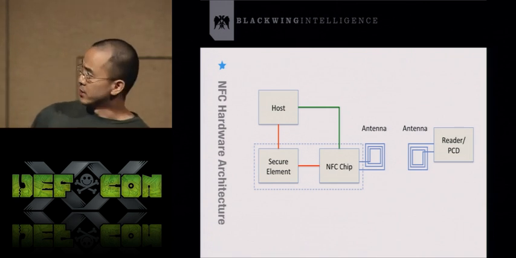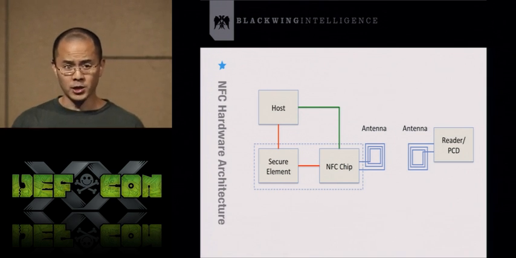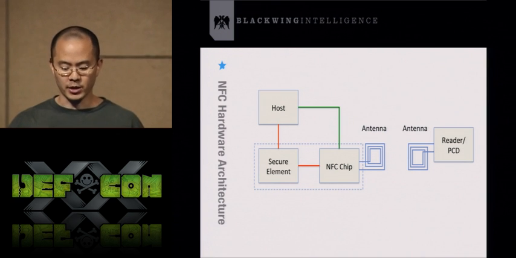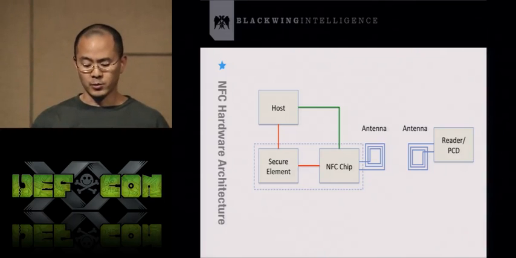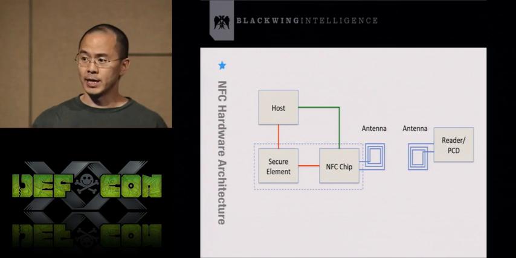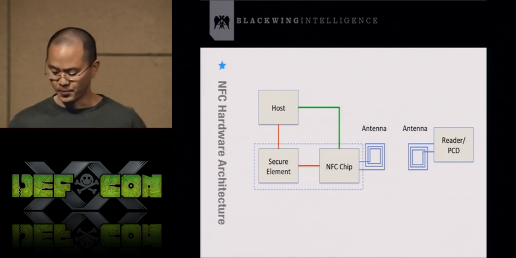So what Doug's code does, I believe, is follow the green path here and use the host controller interface to actually communicate directly with the NFC chip and communicate with the reader. So in doing so, we're able to capture the entire byte level transaction between an NFC phone and a reader.